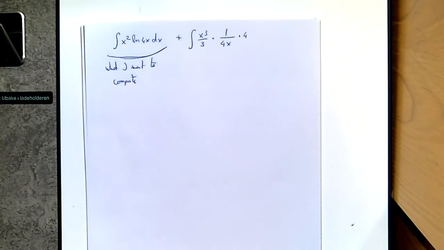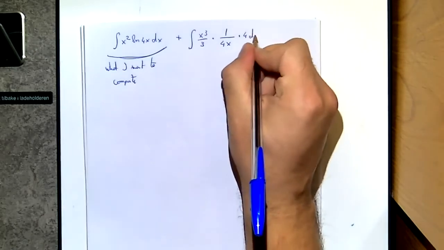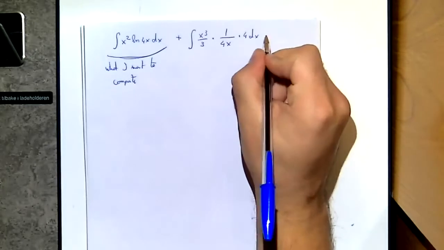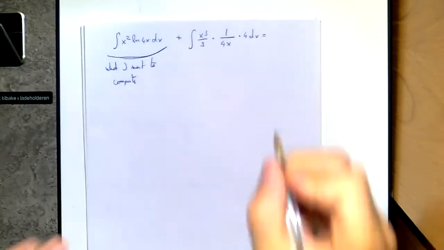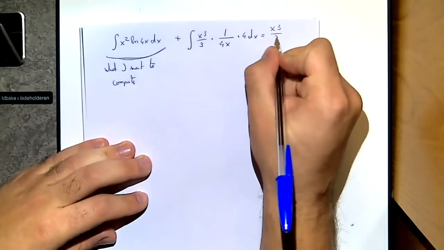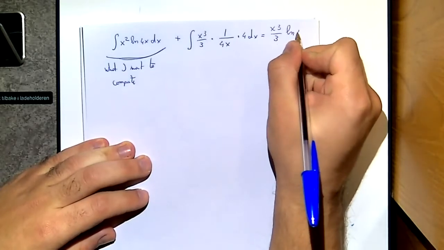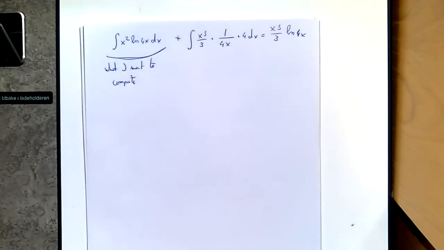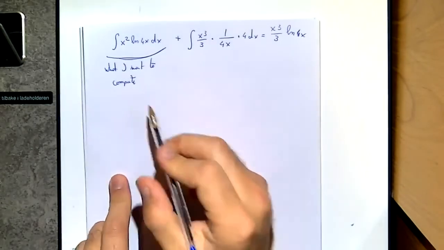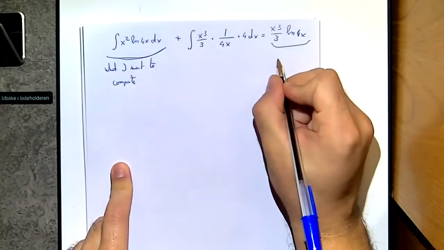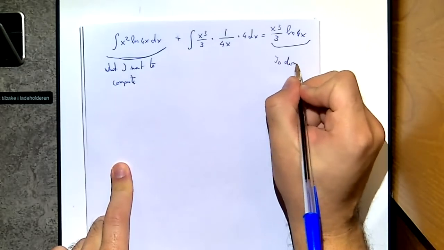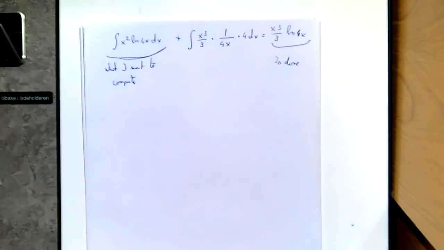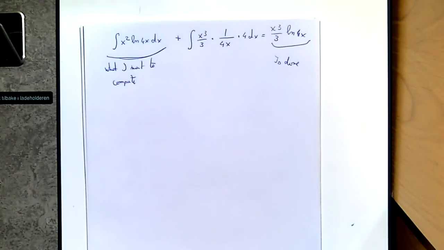Just derivation of the log: flip it and multiply by the derivative of what's inside. And this is just equal to, again, copy, log of 4x. Why did I do this? Well, this is what I want to compute. This is done. There's no integral there, so I have nothing to compute there.